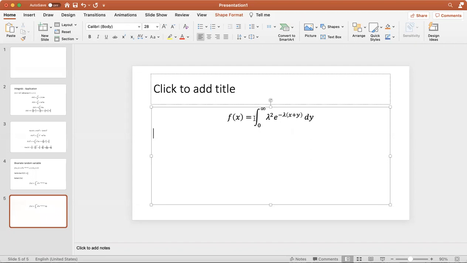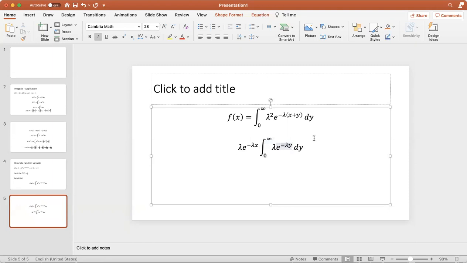I'm going to factor out lambda e raised to negative lambda x, and leave another lambda here, because it's going to be helpful later on.